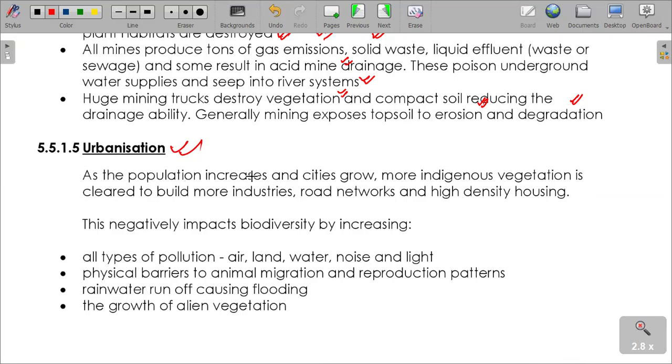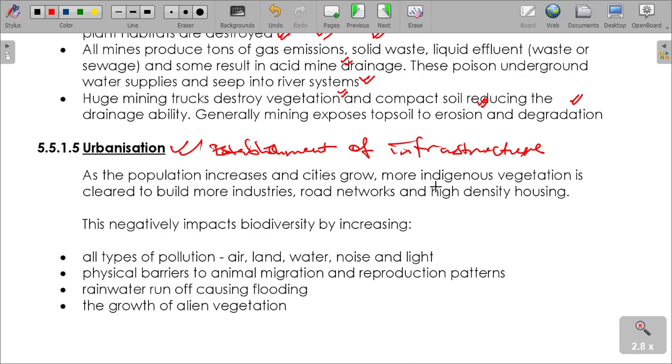As population increases and cities grow, more indigenous vegetation is cleared to build more industries and road networks, which we talk about in this regard. We talk about the development or the establishment of infrastructure to support human lives.